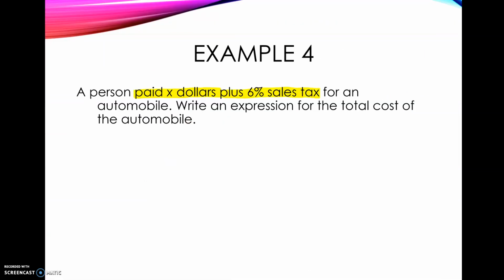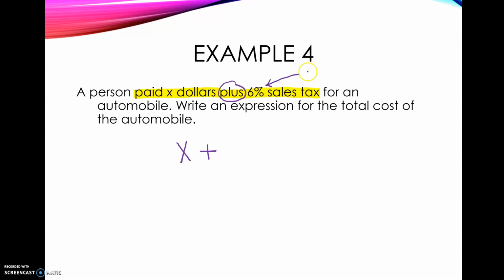A person paid X dollars plus 6% sales tax for an automobile. Write an expression for the total cost of the automobile. So we're definitely going to pay X dollars plus, it even says the word plus in there, 6% sales tax. We need to change 6% into a decimal.